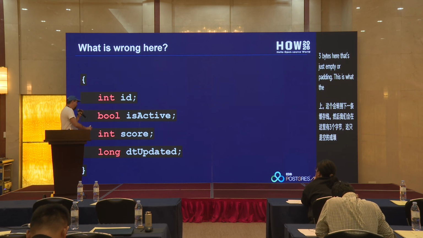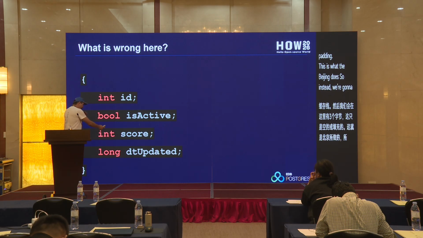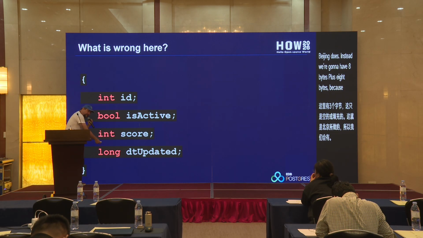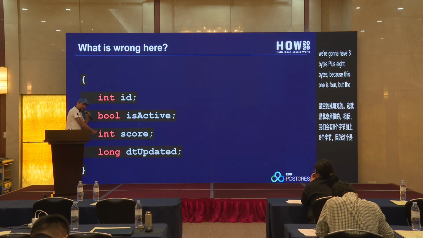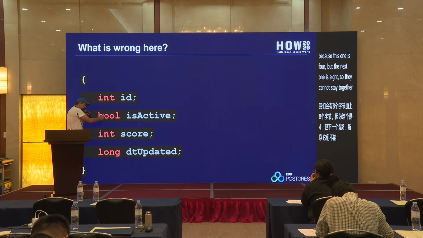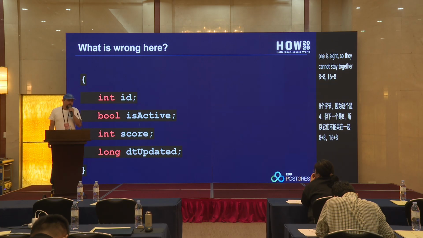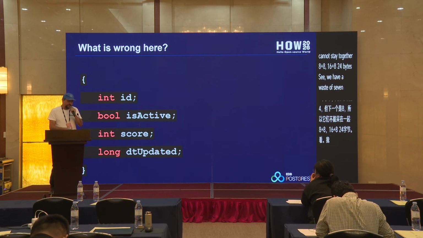So instead, we're going to have 8 bytes plus 8 bytes, because this one is 4, but the next one is 8, so they cannot stay together. 8 plus 8, 16 plus 8, 24 bytes. See, we have a waste of 7 bytes here in this small example.